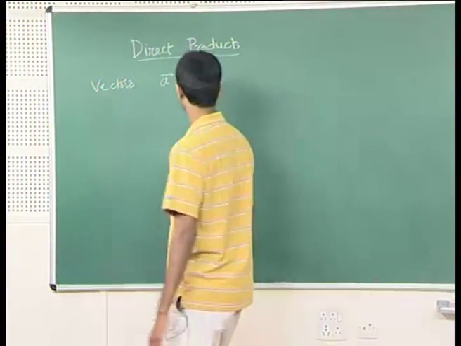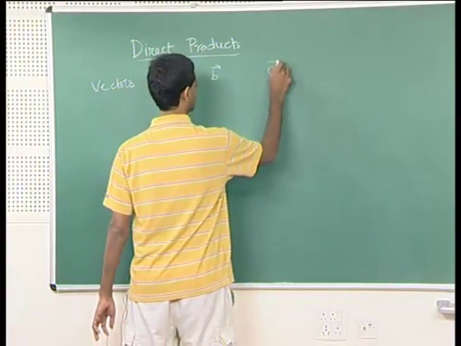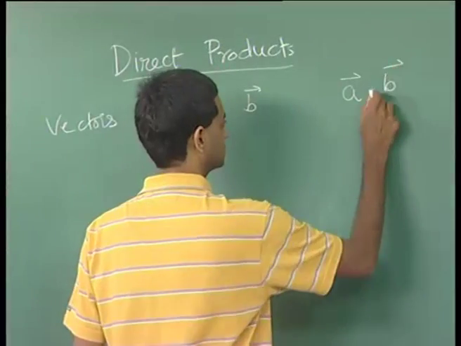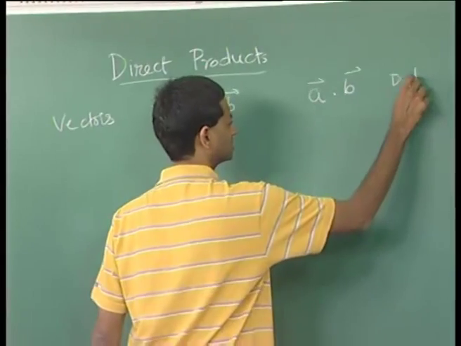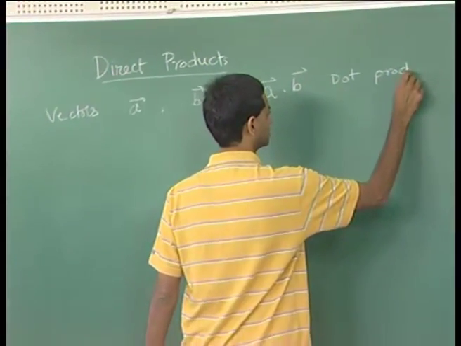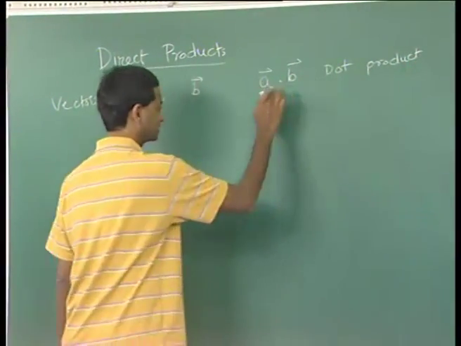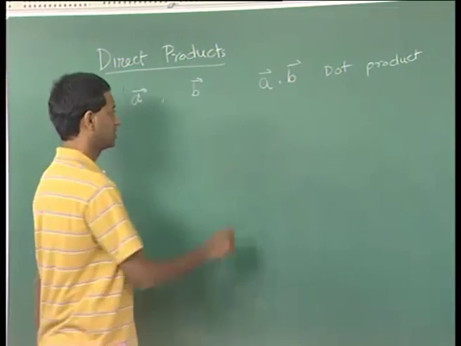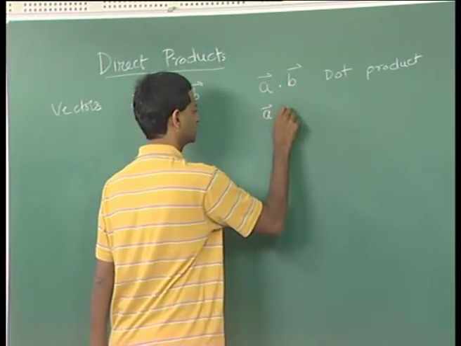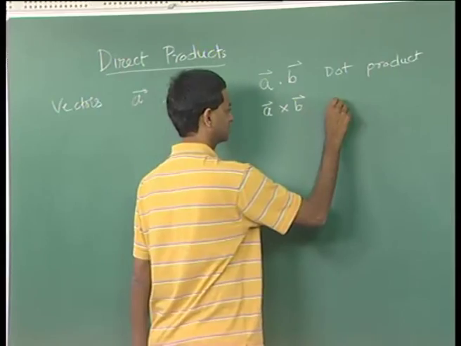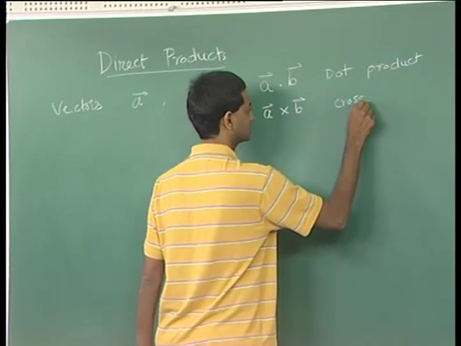You can take A dot B, which is called the dot product, and the result is a scalar. Then you have A cross B, where the result is a vector.